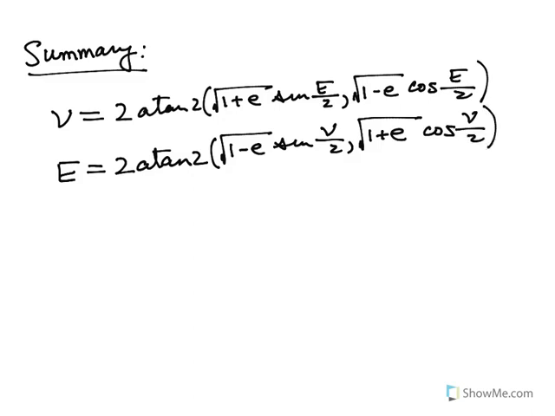These two relationships are essential in being able to compute the orbit as a function of time, because we need to go back and forth between the eccentric anomaly and the true anomaly.